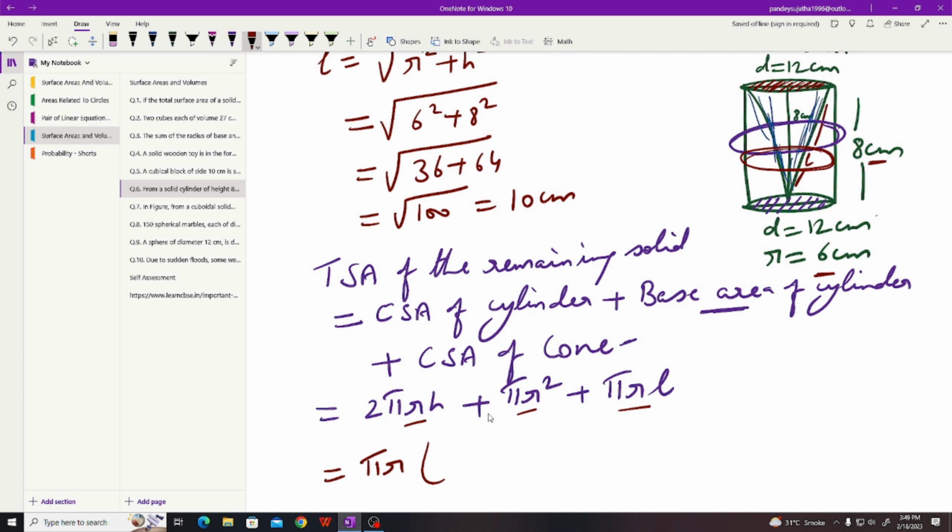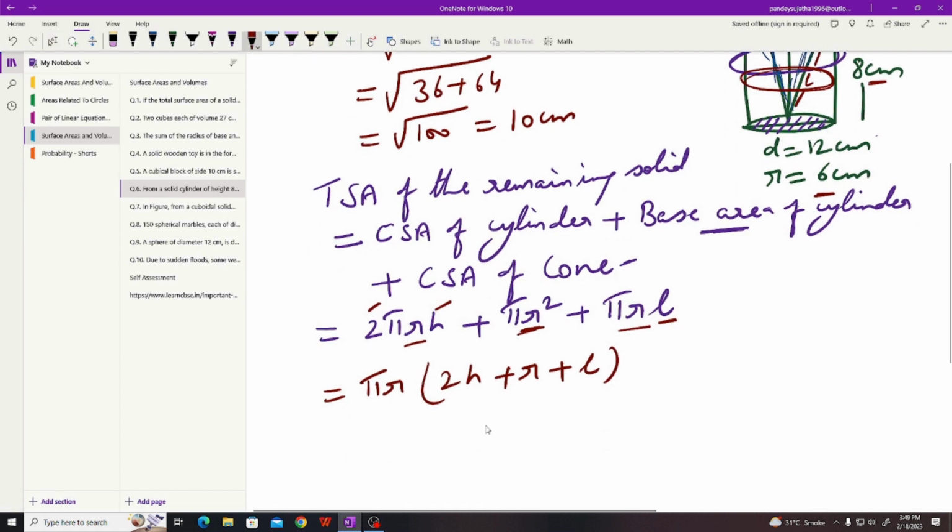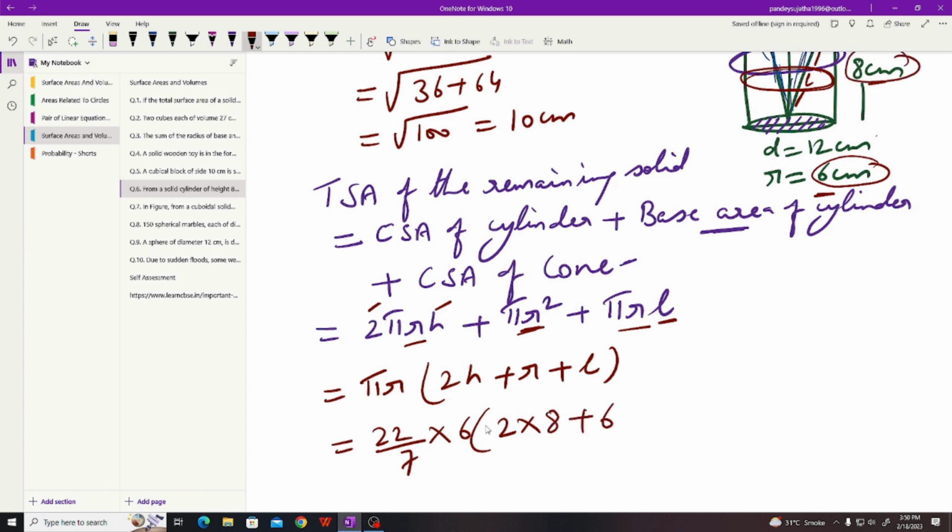Inside the bracket, we are left with, from the first term, 2h, from the second term, r is left, plus from the third term, L is left, that is slant height. So put the values. Here, the value of pi is 22 upon 7 and the radius is 6 centimeter, 2 into height is 8 centimeter, plus radius is 6, plus slant height is 10 centimeter.